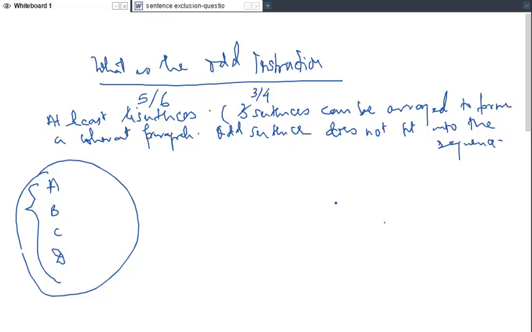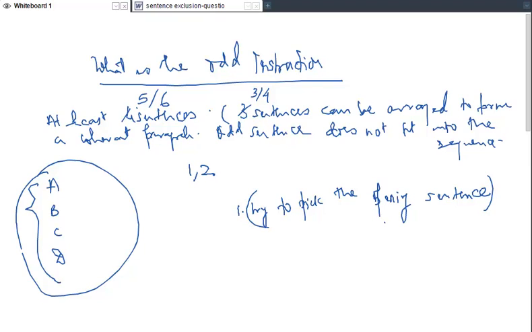The first step is you try to spot the opening sentence. This is the first thing that you must do. Try to pick the opening sentence. This is very important. The moment you have picked the opening sentence, you might have, let's say, only one opening sentence, or you might have two sentences that are likely to be an opening sentence.